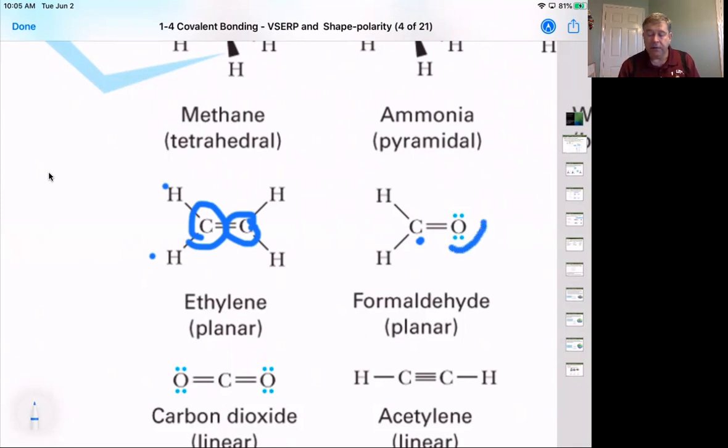Now this oxygen right here has 3 regions of electron density around it. It's only bonded to 1 atom, so there isn't a molecular difference here, but the electrons are going to be out here and here in that same trigonal planar configuration. That makes the molecular shape in both of these cases planar.